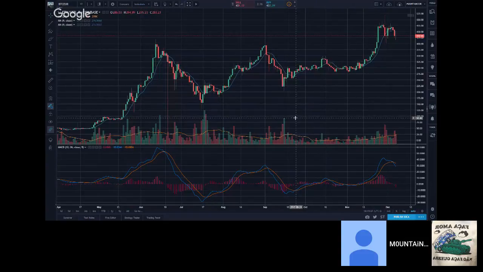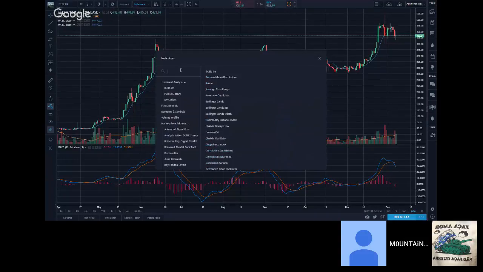There are some custom indicators that would plot more than one moving average at a time. Yes, that's a great point. So if we go up to indicators and I type in MA, you'll see built-ins, and those are the basic out-of-the-box built-in indicators.